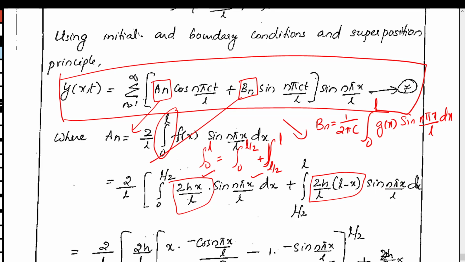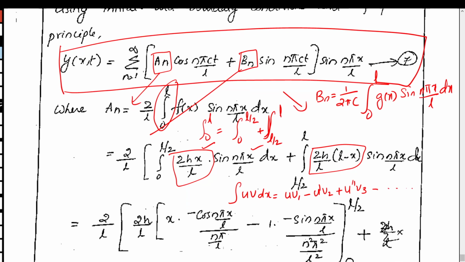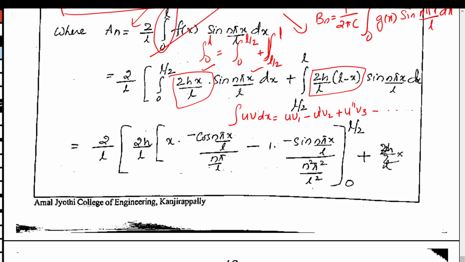Here the first term is a polynomial, therefore we apply UV rule of integration. According to UV rule, integral UV dx is equal to UV1 minus U dash V2 plus U double dash V3 minus etc., where dashes denote the derivatives and the suffixes denote the integral with respect to x.